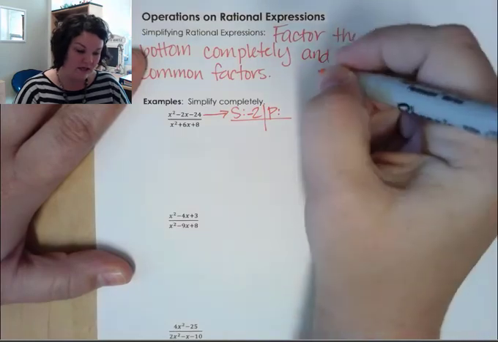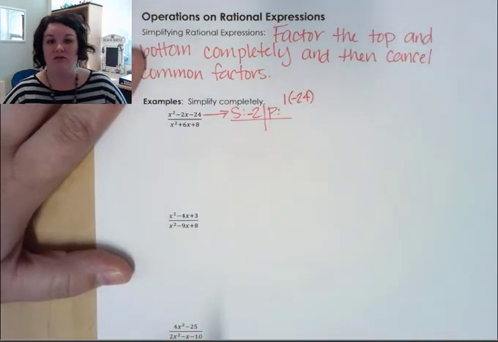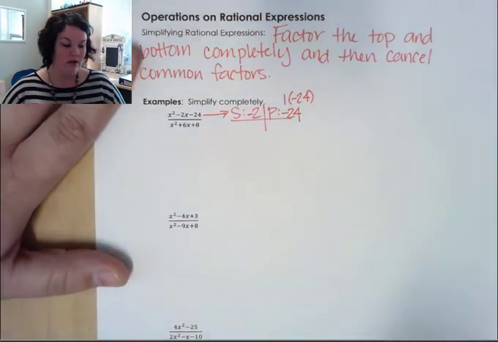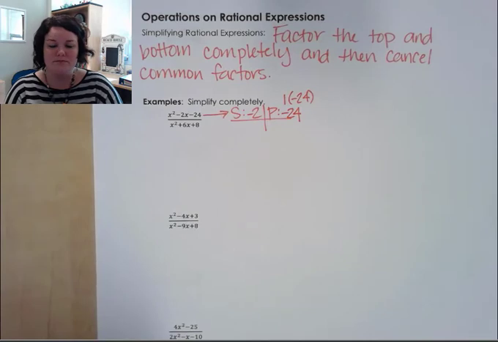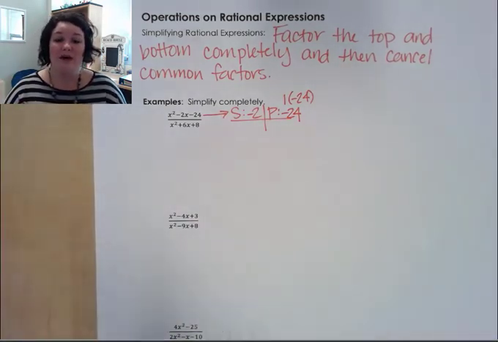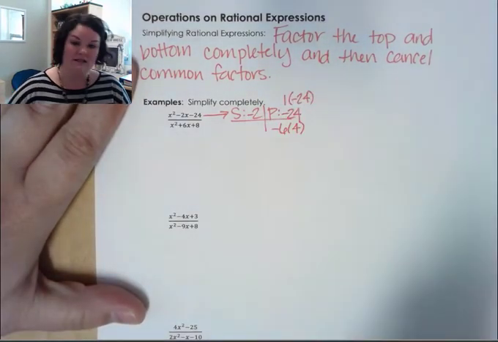So my first coefficient here is a 1 times my last coefficient, which is -24. So 1 times -24 is -24. So I need something that multiplies to -24 that combines to -2, which would be -6 and +4.